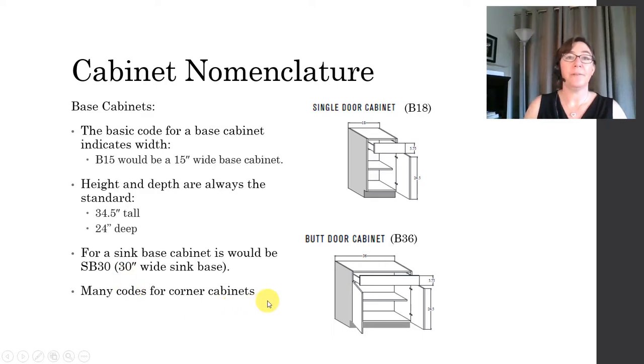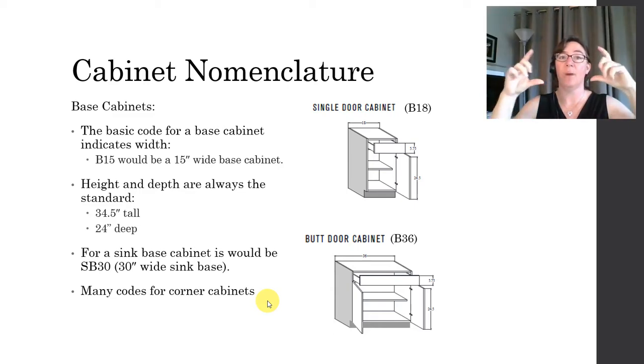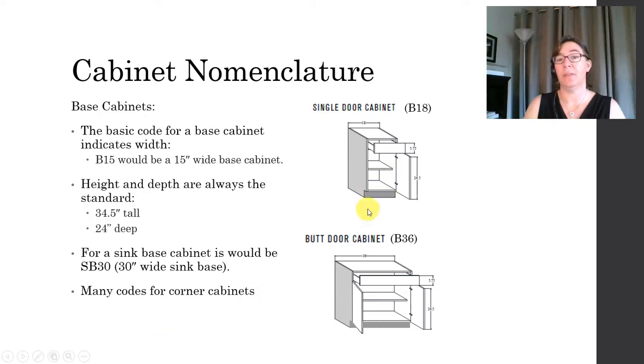There are lots of different codes for the corner cabinets, and so you're going to need to look more specifically into how your particular manufacturer indicates those. Remember that the common or standard base cabinet is going to have one drawer and then one door underneath, just as shown in this illustration here.